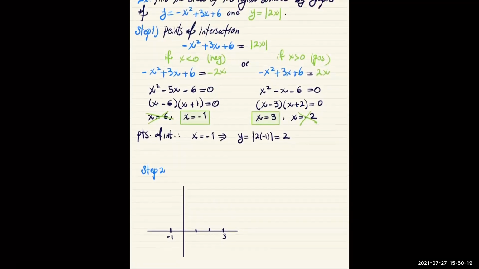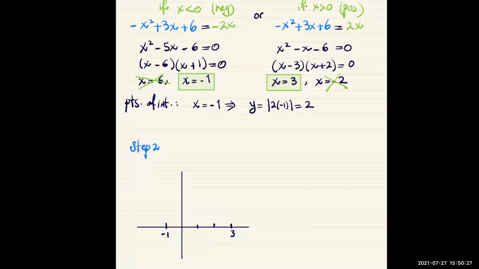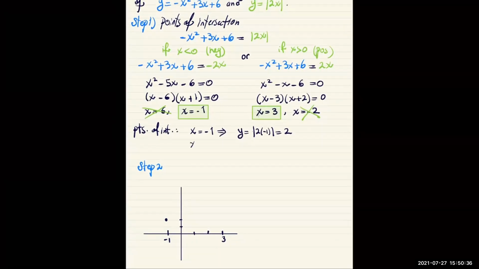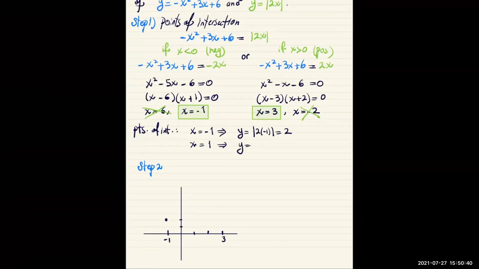Okay, so one point of intersection, -1 and 2. Right there, we have 1. And the other point of intersection, plug it into either function, 2 times 1. That's also 2. Oh, I'm sorry, guys.